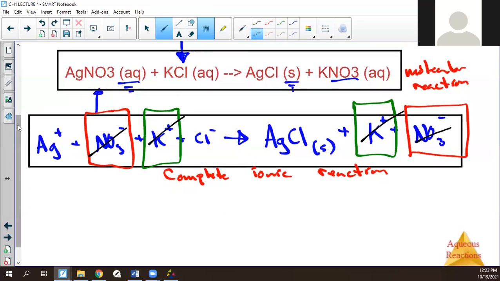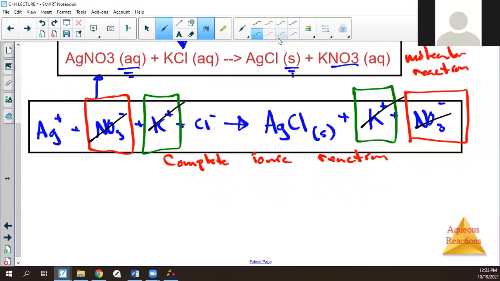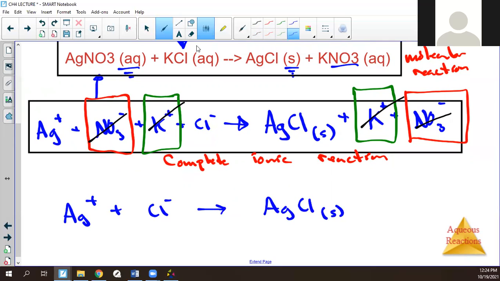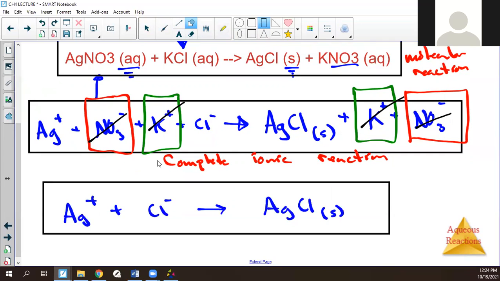So we have a third reaction that we're going to write. It is Ag plus Cl minus, and then my arrow is AgCl solid. And that has a name. Anyone use context clues or foreshadowing and know the name of that already?